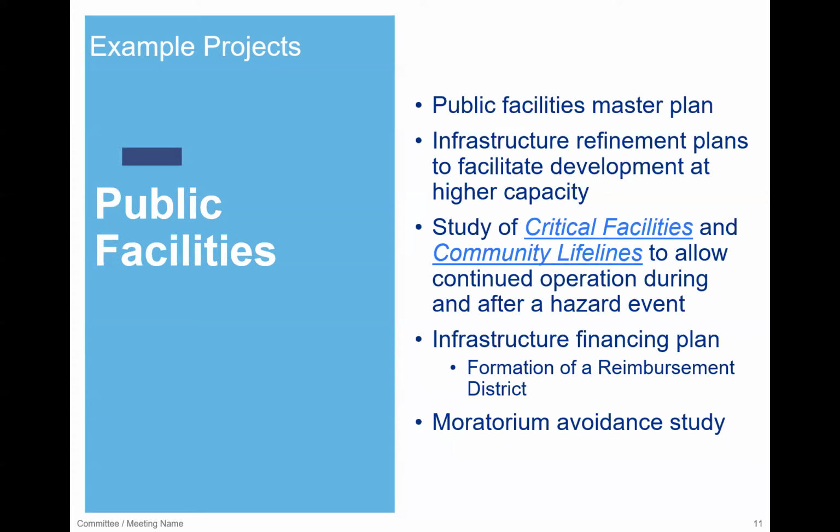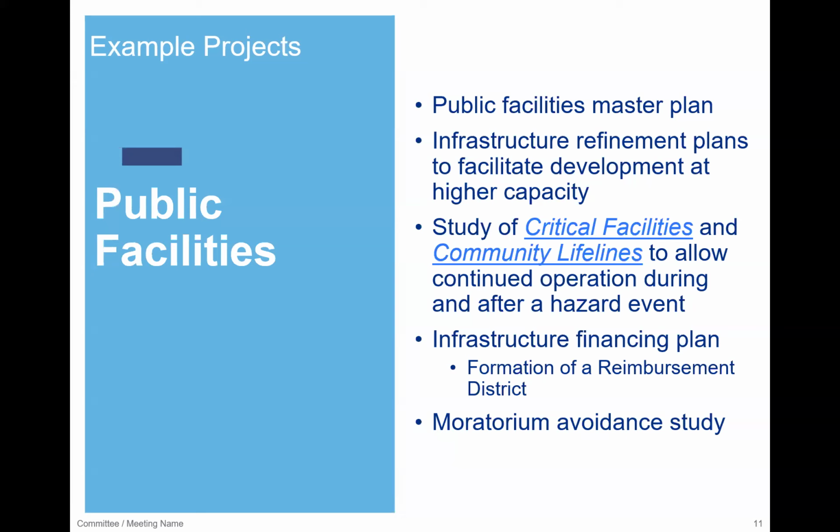What we also could be looking for here would be some type of infrastructure refinement plan, things that are kind of drilling down a little bit deeper into an existing plan, looking at ways to facilitate development at a higher capacity. Or regarding the natural hazard side, we could fund a study to look at critical facilities and community lifelines to allow continued operation during and after a hazard event.